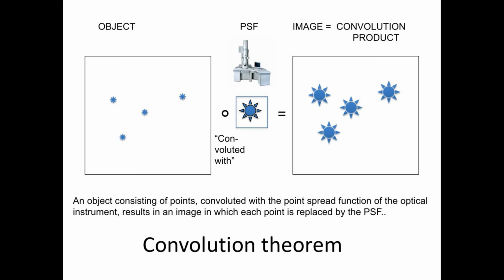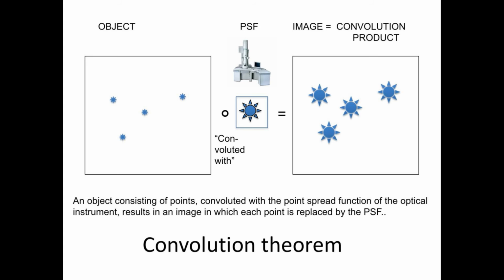And that operation is called convolution. It's an operation of placing the point spread function on each point of the object and then performing a sum over everything. Now, in this case, the sum is very uncomplicated because there is no overlap between the resulting image points.